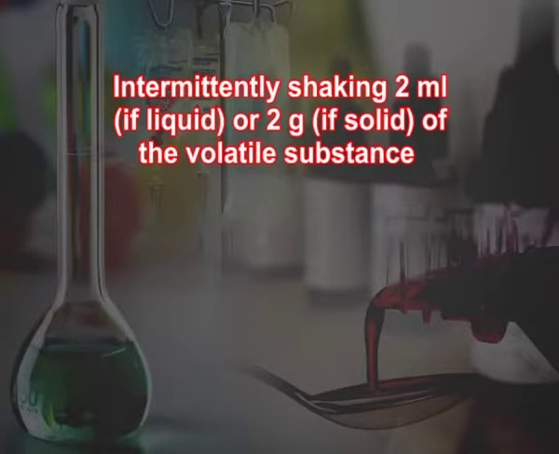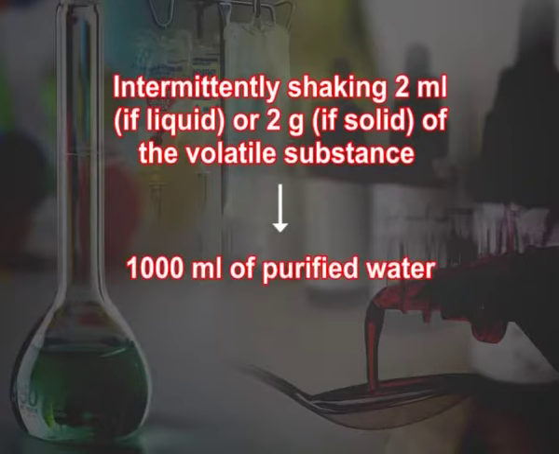In this method, aromatic water is prepared by intermittently shaking 2 ml if liquid or 2 gram if solid of the volatile substance with 1000 ml of purified water in a suitable container for a period of 15 minutes.